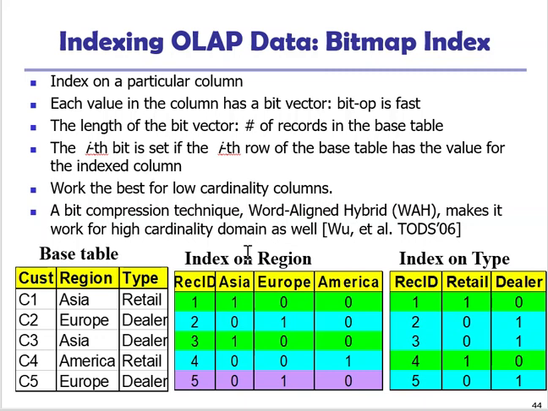The bitmap index typically works when we have low cardinality in the columns. We mentioned this before. For example, region and type have 3 and 2 unique values, which are very suitable for creating a bitmap index.